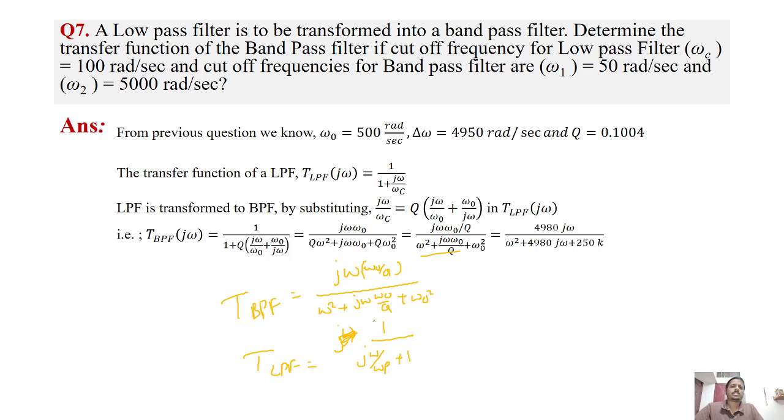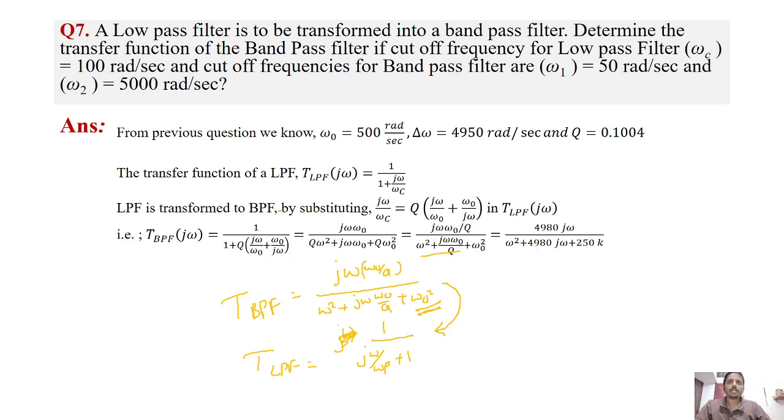If I rearrange these terms in the similar way that I showed for high pass, so that this entire transfer function can be written in this format, we can find the relation of j omega that we need to substitute there.